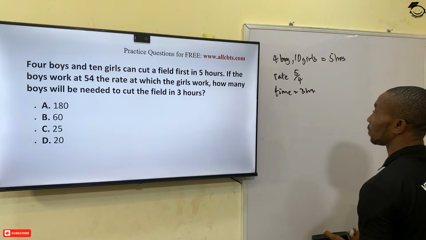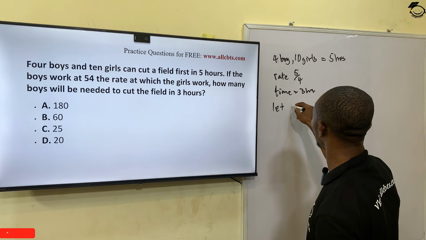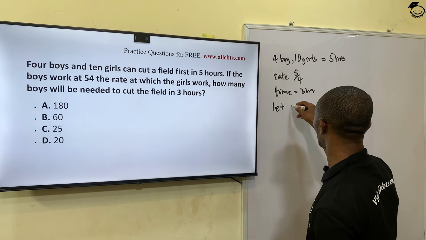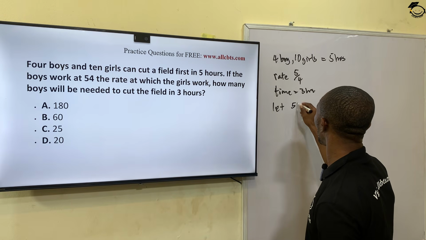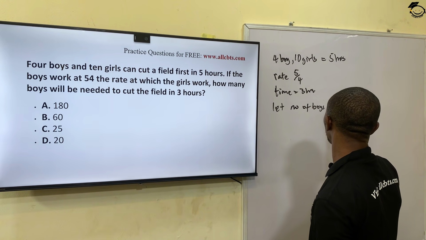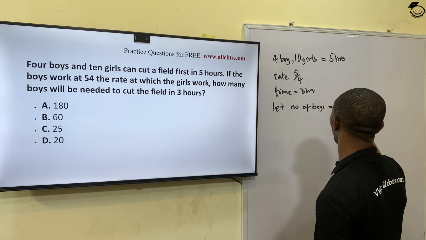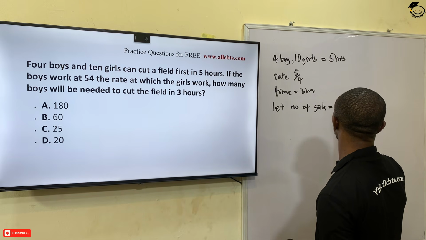All right, to solve this, let the rate of boys to girls be 5/4 x. So let the number of girls at that rate be x.